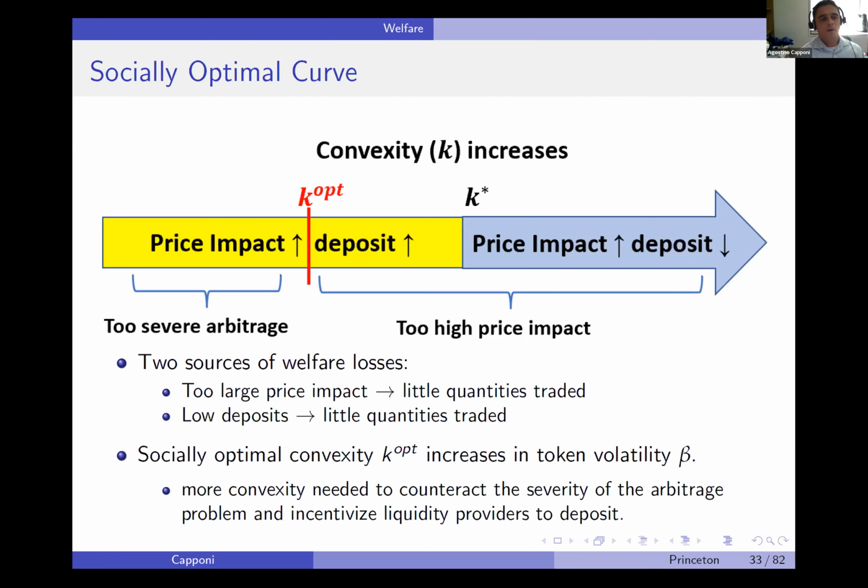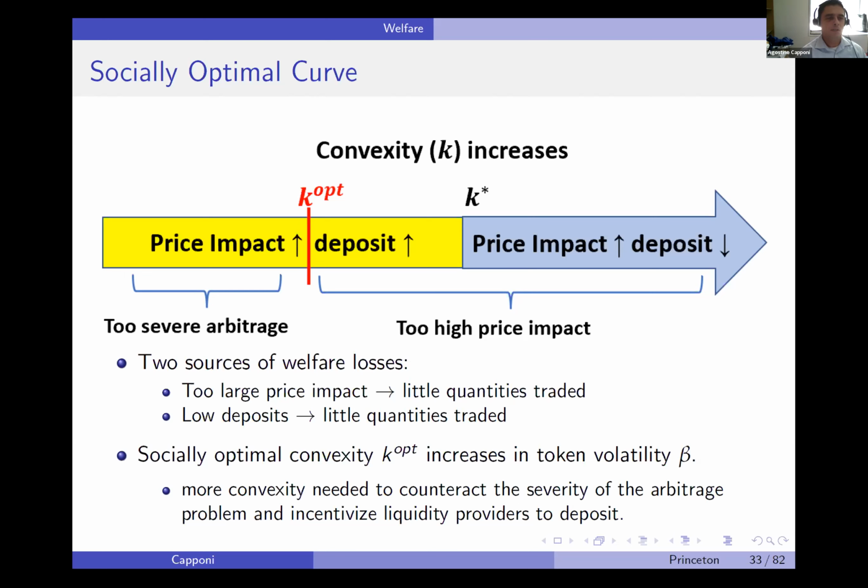And if the price impact is too large, there is a problem that very little quantities will be traded. On the other hand, if the price impact is too large, then there are also low deposits by the liquidity providers, which means that there will be little quantities that are traded.